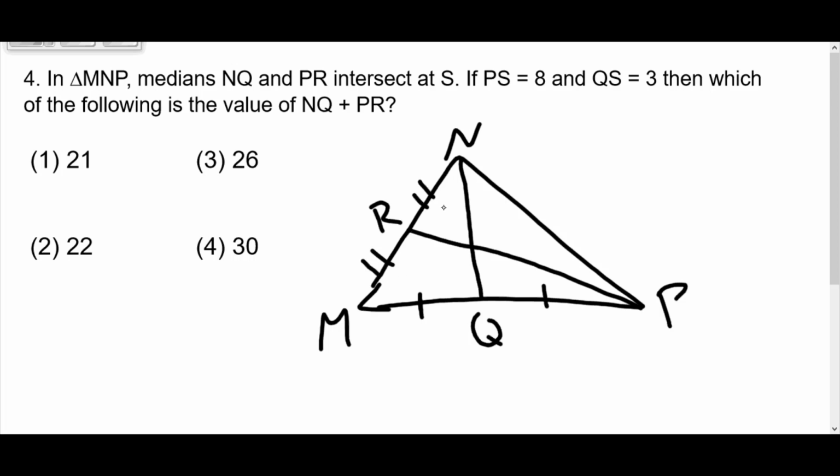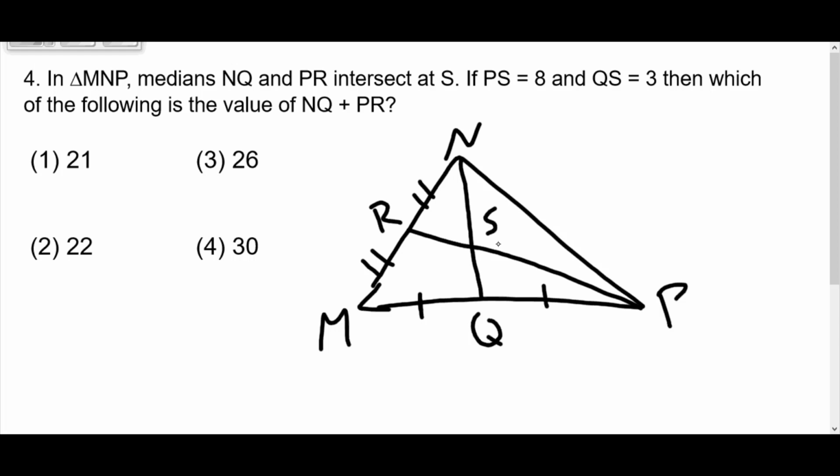They intersect at S. Not that we really need to show the points dividing each piece because we're looking for the measure of NQ and PR, but it does help to give us perspective.